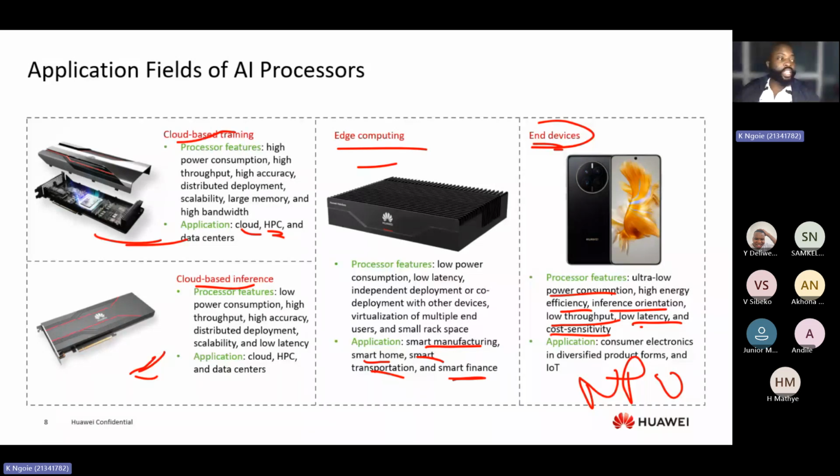There can be chips that can help you with that. These processors will have low power consumption, high throughput, high accuracy, and distributed deployment. This is mostly found in data centers and places like that.